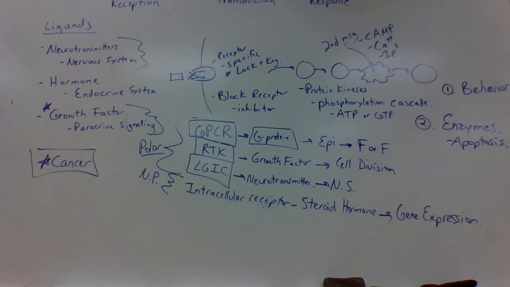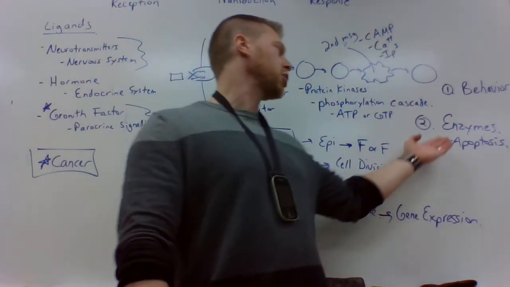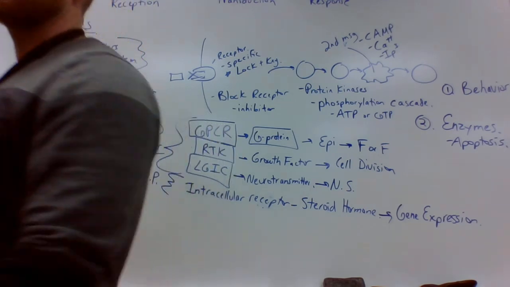And finally, third is if the cell receives a death signal. That can also cause apoptosis. Remember, apoptosis is programmed cell death, where the cell kills itself to save the organism. Apoptosis is a perfect example of the activation of enzymes.